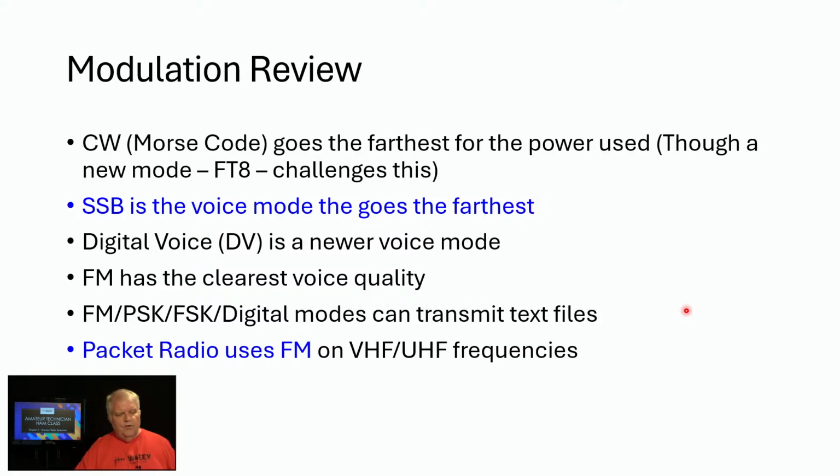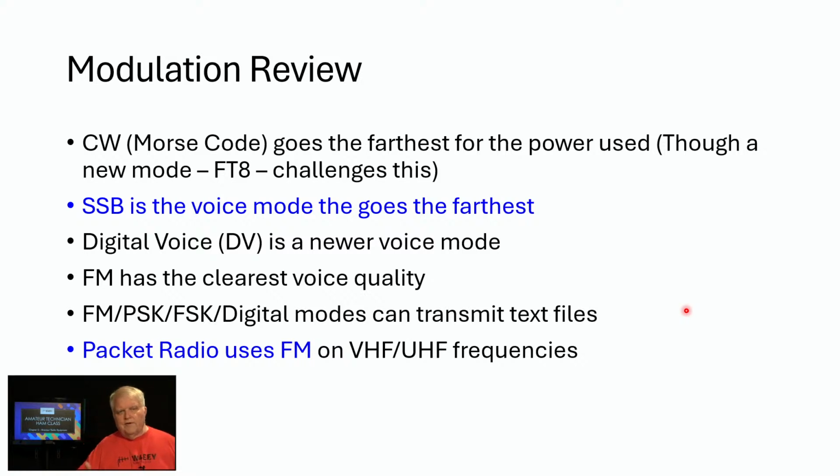So just to review, we had Morse code, which for the purposes of the test we say goes the farthest for the amount of power used. Single sideband voice definitely is the voice mode that goes to the farthest. There are some digital voice modes being used on HF, VHF, and UHF, and they're kind of interesting. FM has the clearest voice quality.